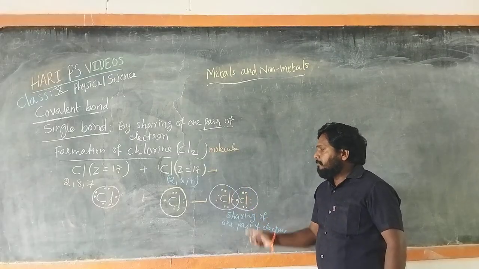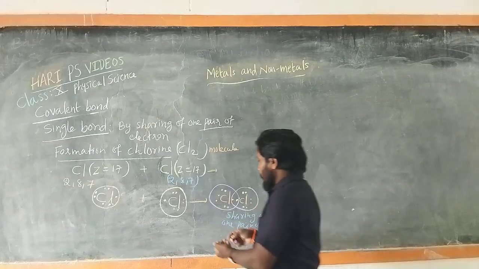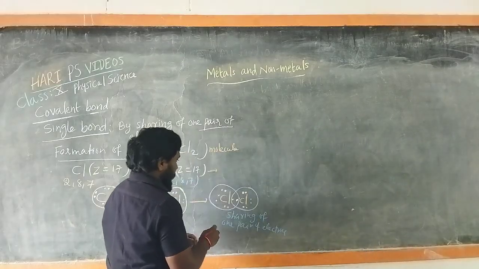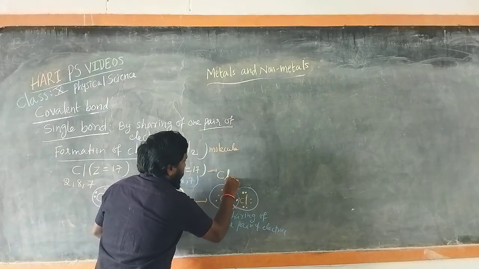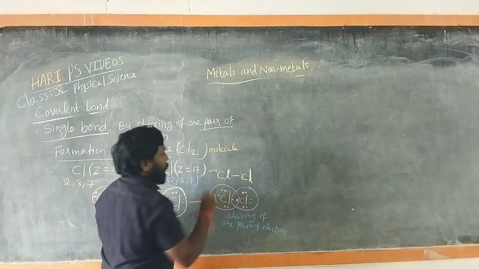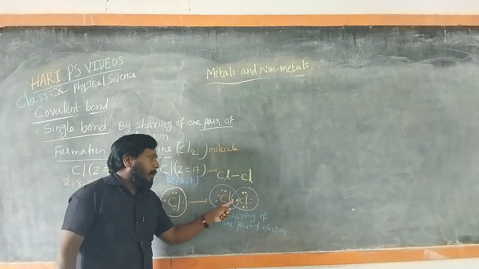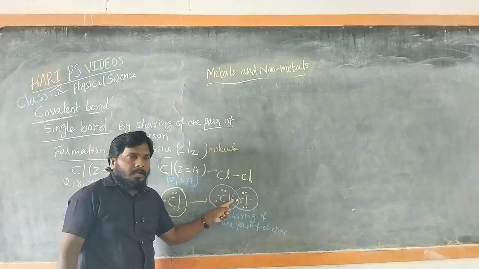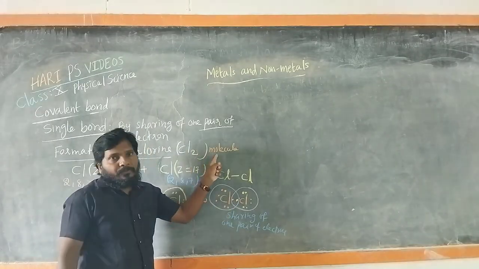So what will happen? A bond is formed. This bond is represented with chlorine, single line, chlorine. So by sharing 1 pair of electrons, chlorine molecule is formed.